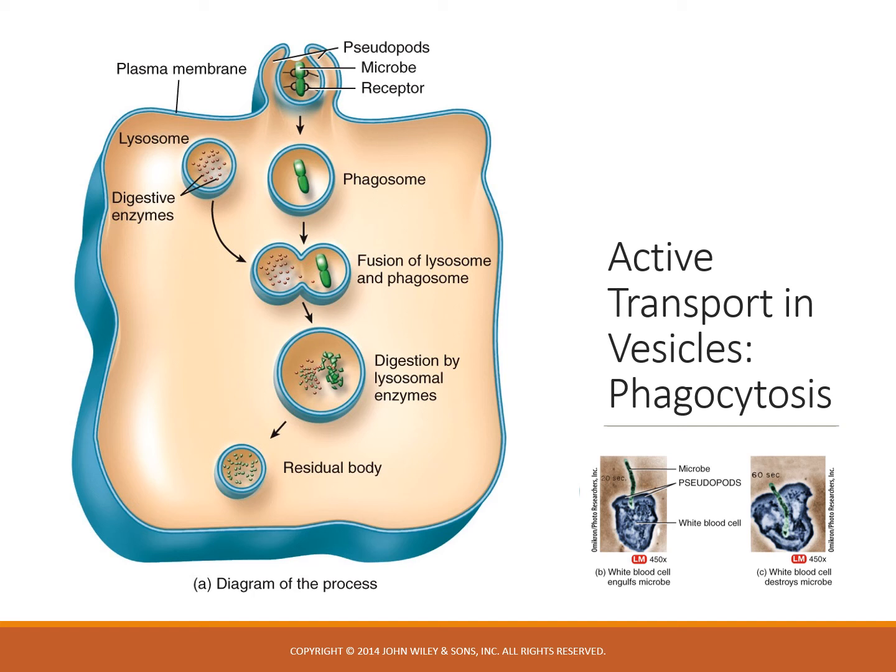And this is when you have a particle that binds to plasma membrane receptors, so you can see here. And this causes the phagocyte to extend out these pseudopods, which means false feet. It reaches out its little fingers, little feet, to engulf that particle or that microbe there.